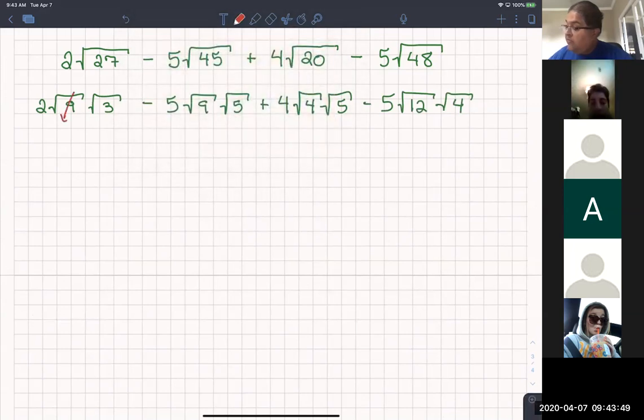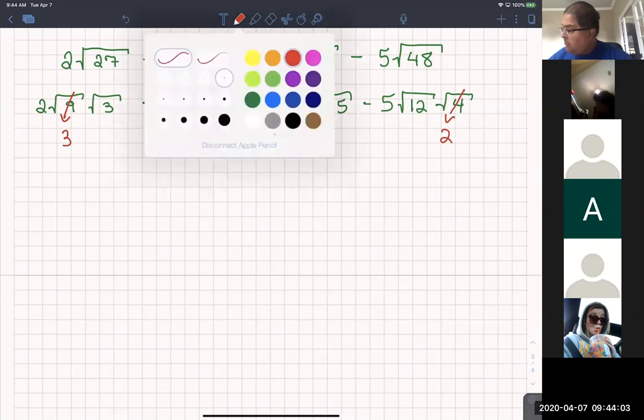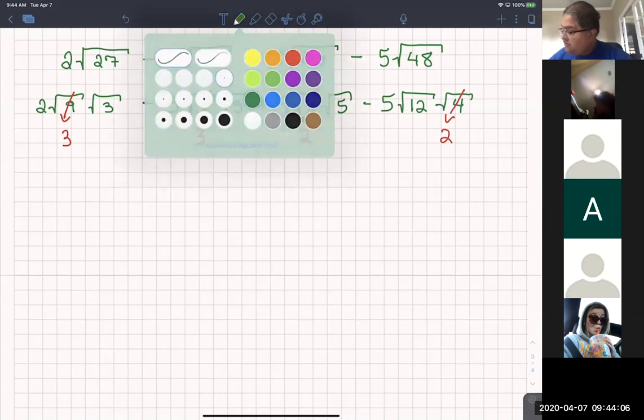So square root of 9 is 3. Square root of 4 is 2. Okay, good. Now remember we can multiply the outsides.